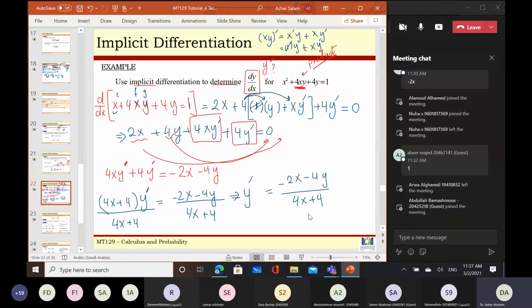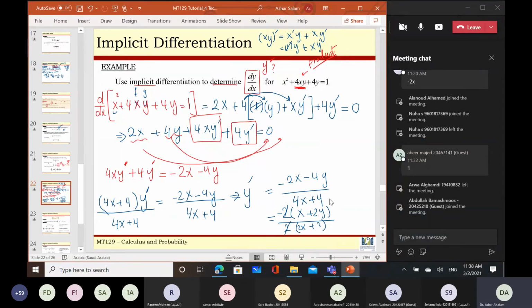I can stop here, or I can take 2 from the top and 2 from the bottom to simplify. I can take minus 2 as a common factor, and it remains x plus 2y, divided by 2 here, 2x plus 2.